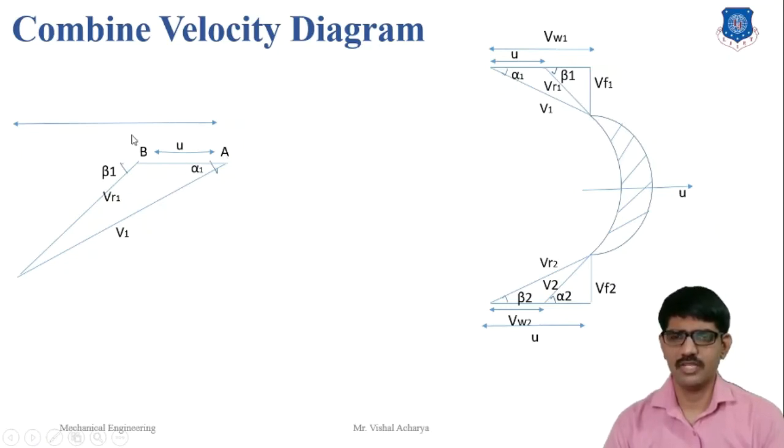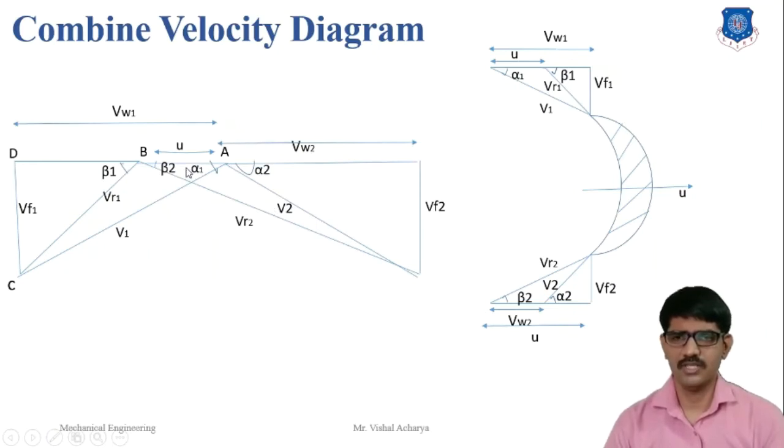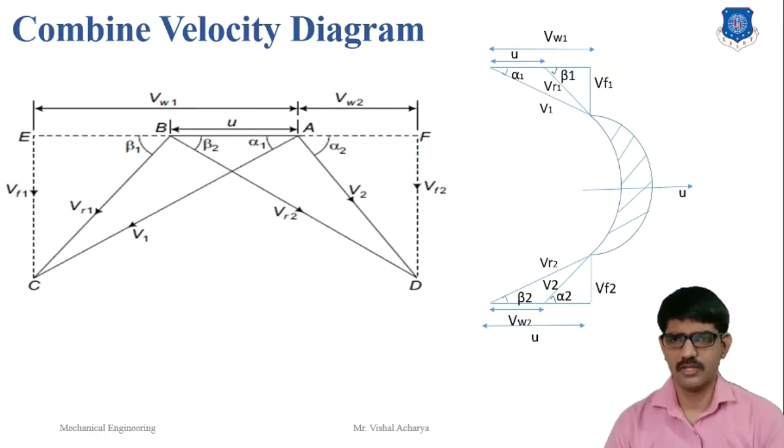The relative velocity with respect to the blade velocity is Vr1 at the blade angle beta 1. The same is done for the outlet velocity diagram: angle alpha 2 for the absolute velocity V2 and beta 2 for the relative velocity Vr2. So this is the combined velocity diagram.